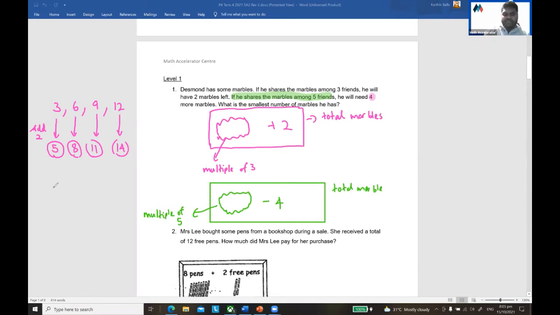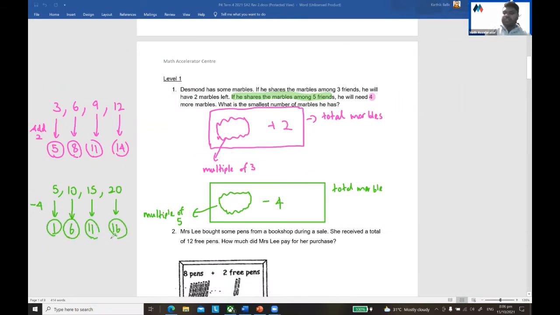Now let's look at the second scenario. The second scenario is multiples of 5: 5, 10, 15, and 20. Now if we minus 4, this becomes 1, this becomes 6, this becomes 11, and this becomes 16. So this is also your total marbles.